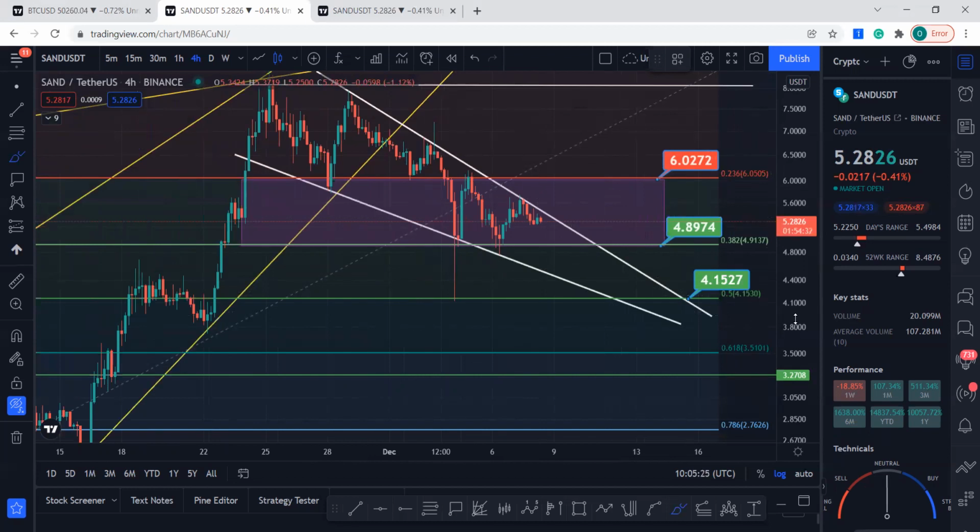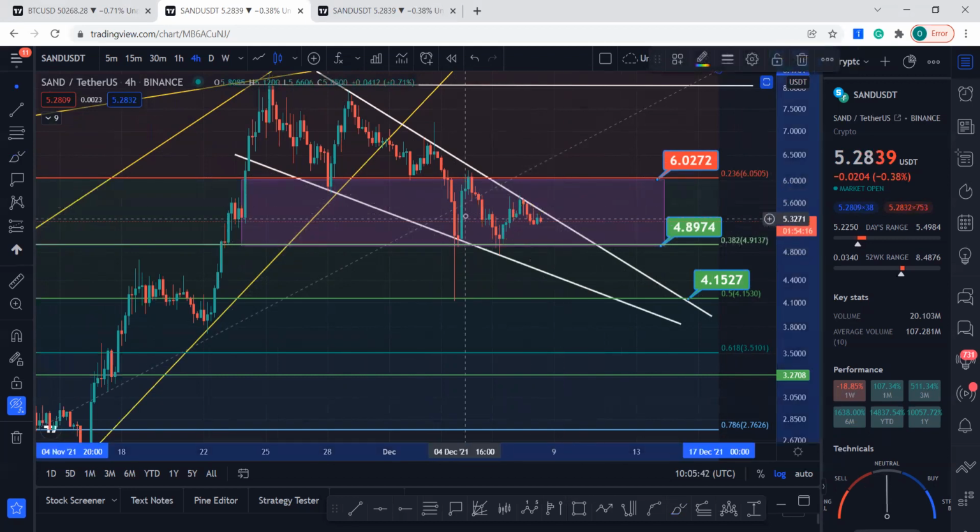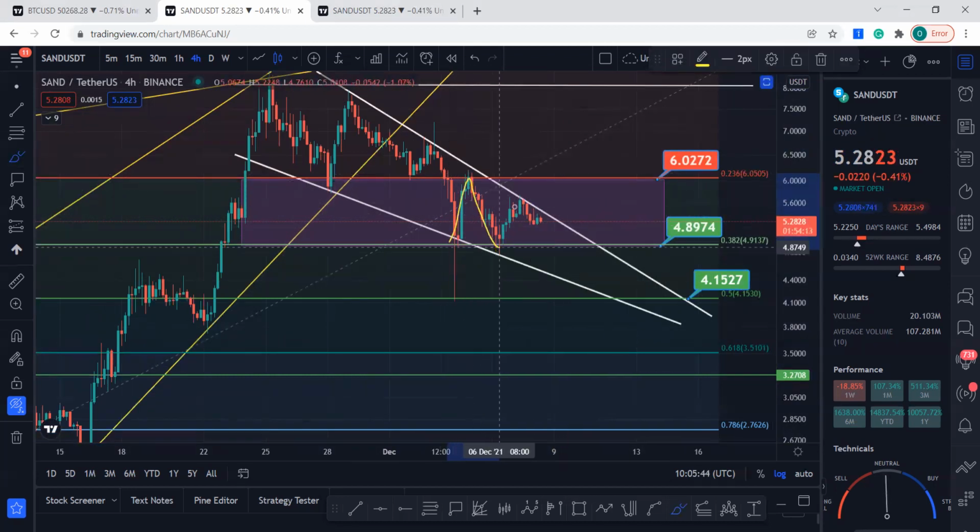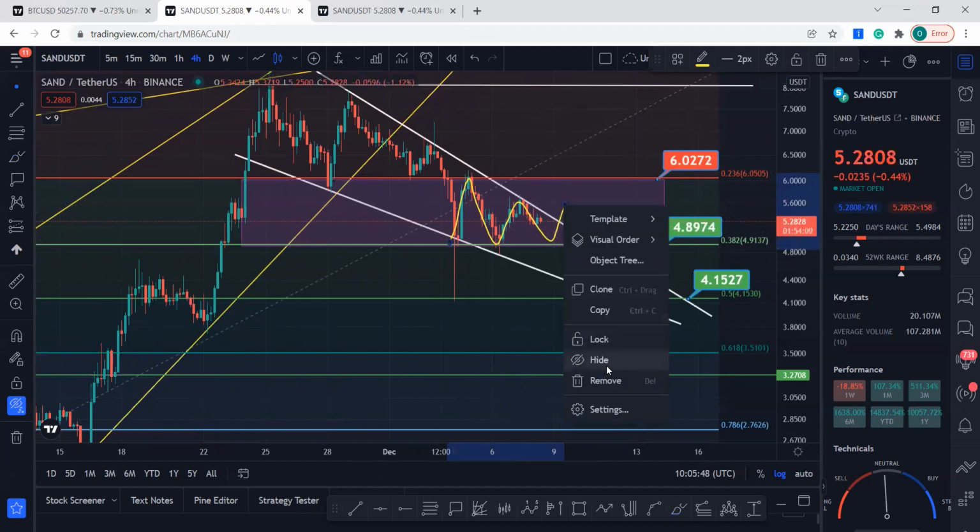I mean, that can be a scenario, but if it holds this level, and then breaks this resistance, then that scenario is invalidated, okay? So if it does something like this, okay, and just breaks it to the upside like that, that's going to be invalidated.